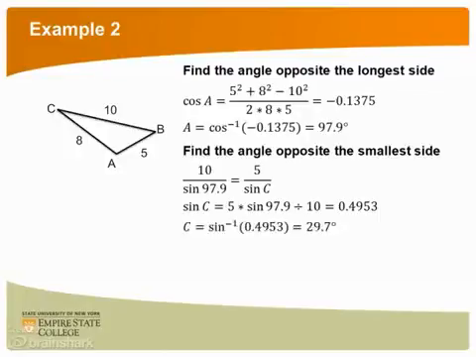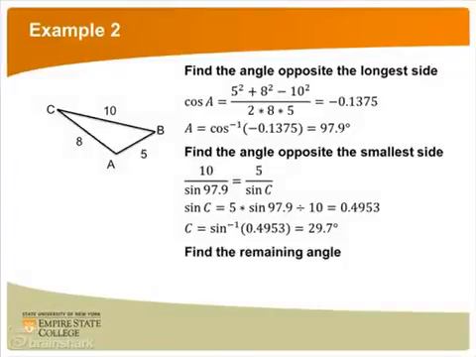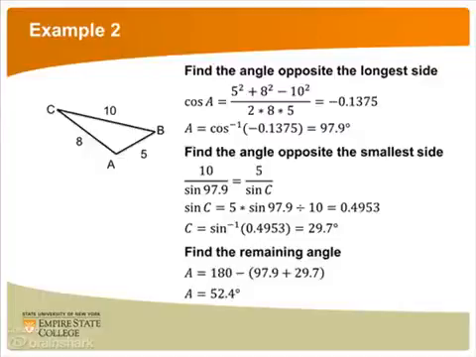We take the inverse sine of the decimal amount to find angle C measures 29.7 degrees. Now we can find our remaining angle measure. Subtract the sum of the angles we know from 180. Our final angle measures 52.4 degrees.